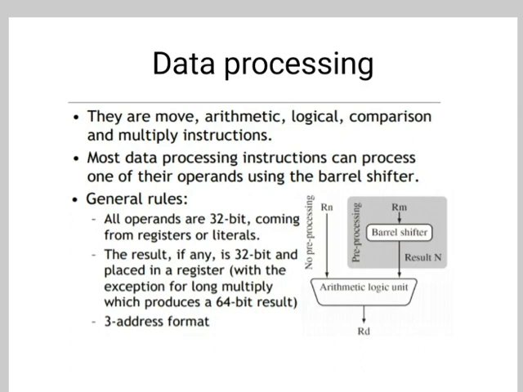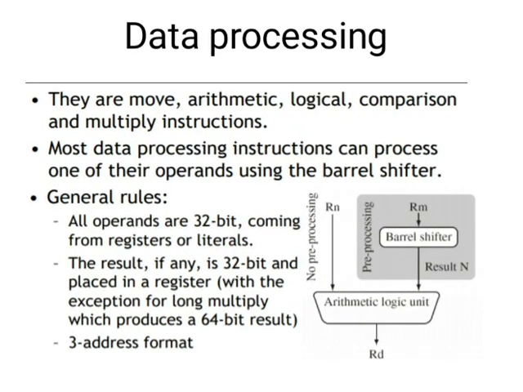So the ARM uses a 3 address format for these instructions. Now the diagram is shown, which shows the barrel shifter pre-processing operand Rm, and Rn, which is given to the arithmetic logic unit.